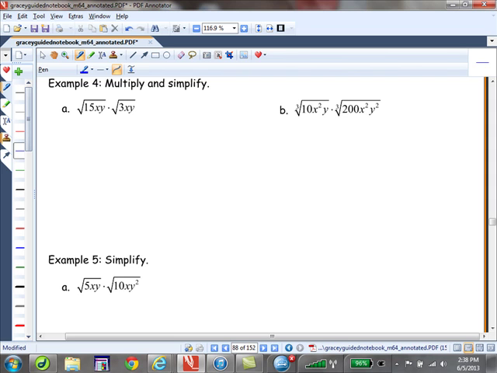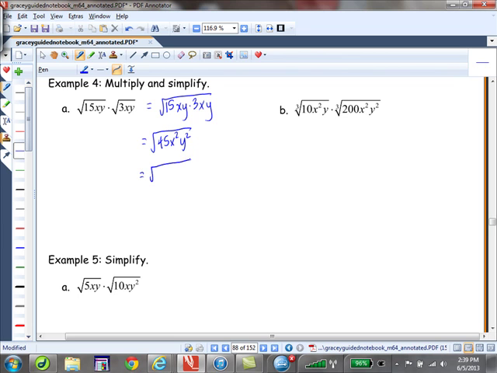All right, let's see how you fared on this one. So let's write this as 1 happy square root, because notice none of this can be simplified as it stands. So we're going to write this as the square root of 15xy times 3xy, which is 45x squared y squared.